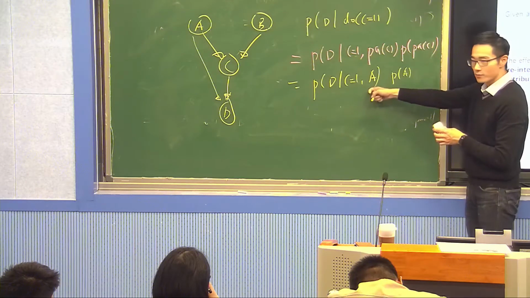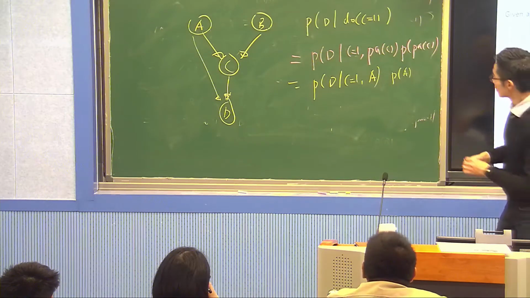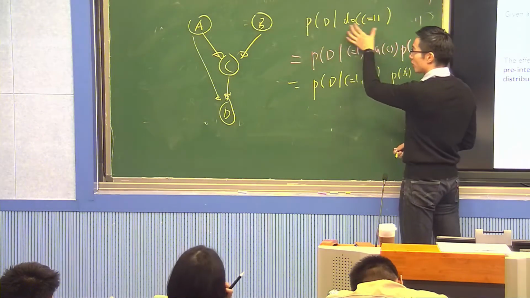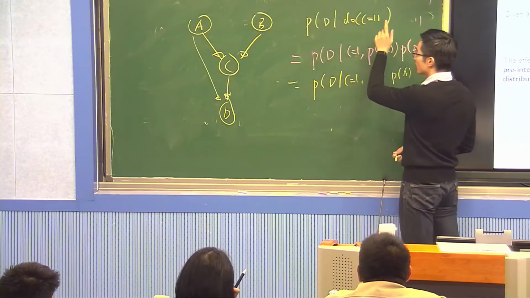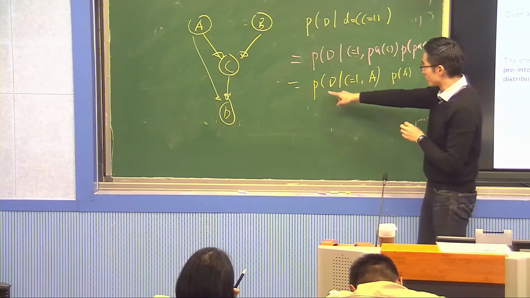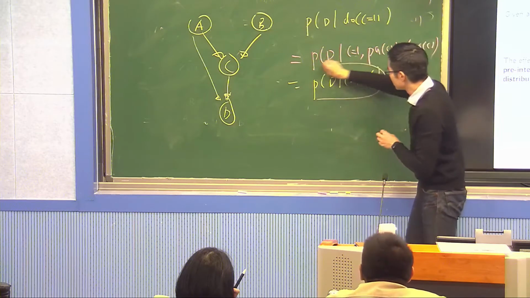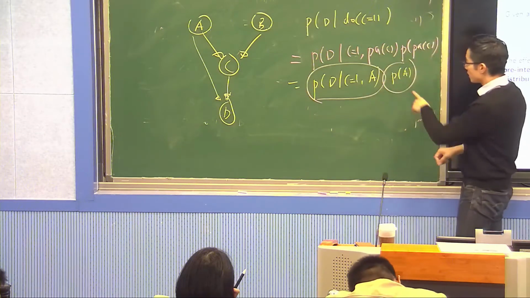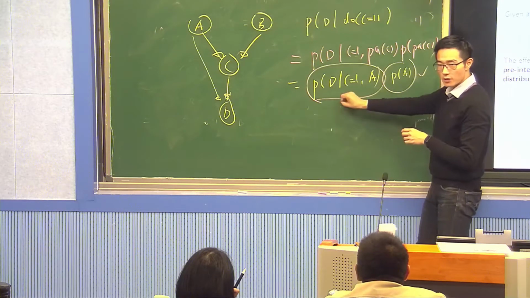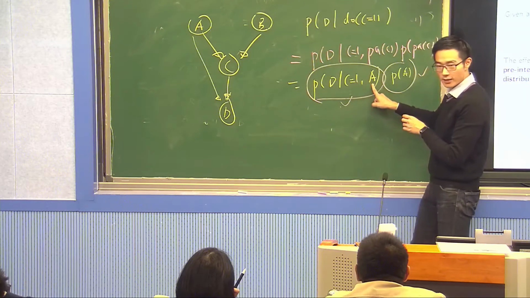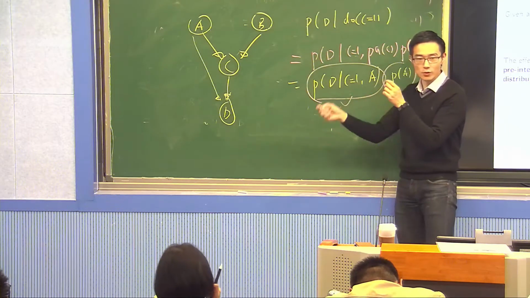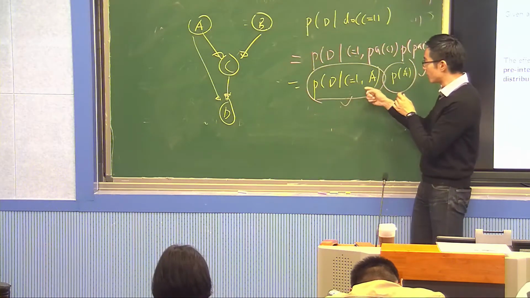But look at what this formula tells me: in order to get the causal effect of C on D, we only need to get this thing and this thing. So this can be obtained from data, right? And this can also be observed from data if we see A. We assume we always observe C and D because that's what we're interested in, right? If we observe A, then we can get this one.